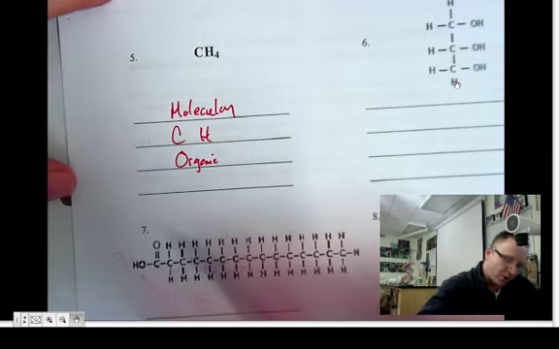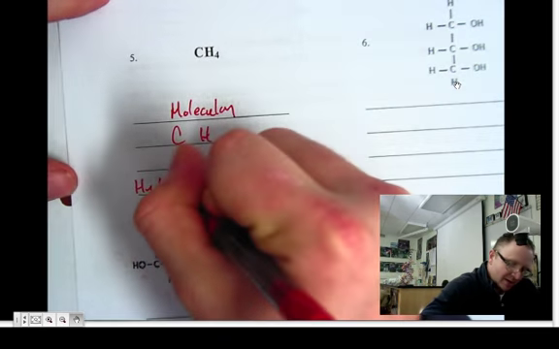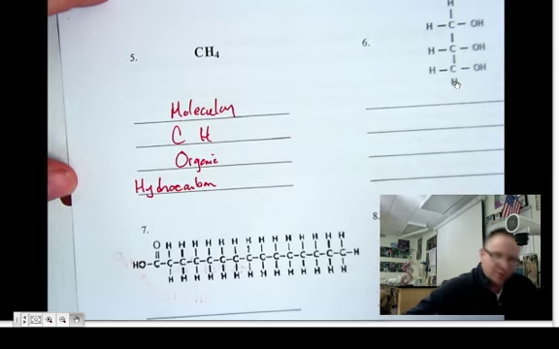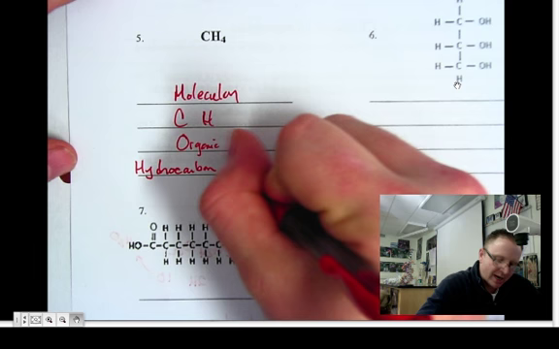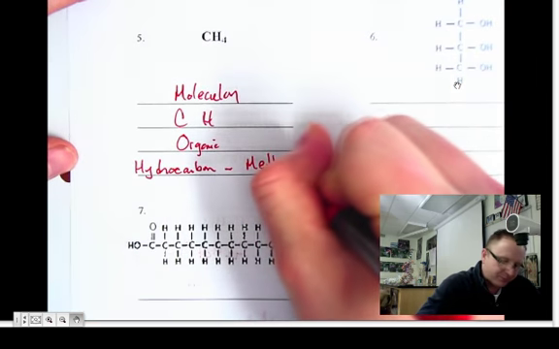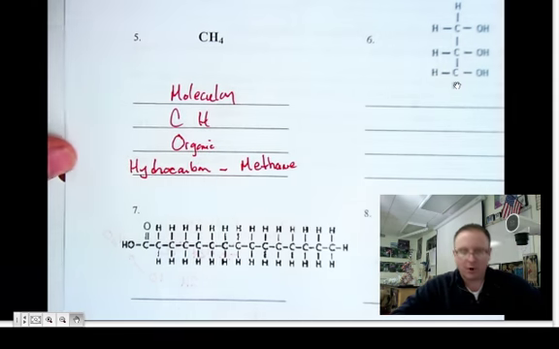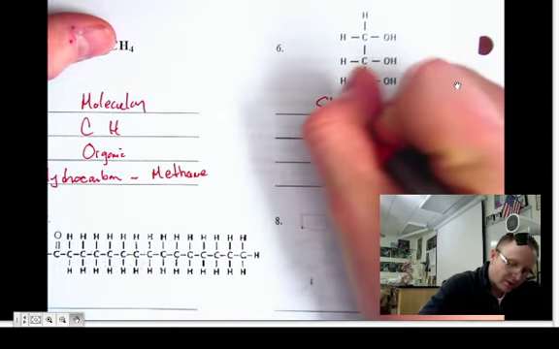This is what we call a hydrocarbon. So I would simply write down here, this doesn't belong to any of the major groups of organic molecules, but it's called a hydrocarbon. It's what we build our hydrocarbon backbone for the organic molecules with. This specifically is methane, CH4. All right, moving along. Here we have a structural formula.